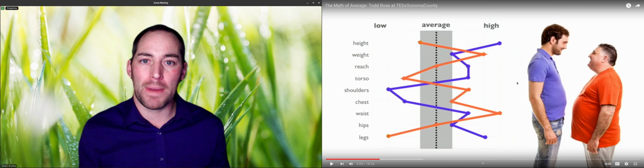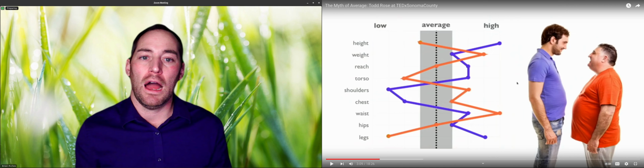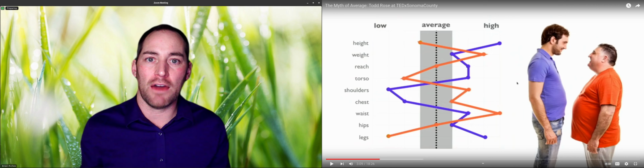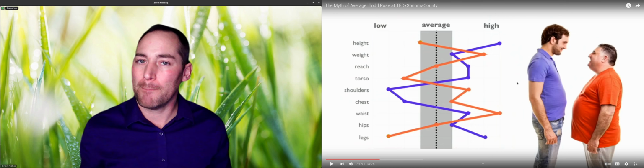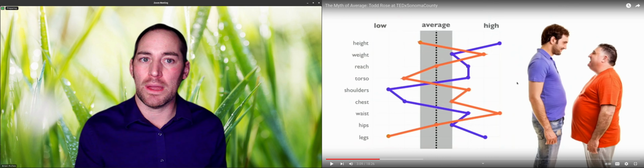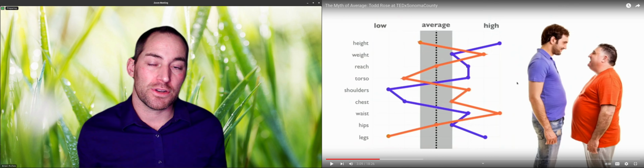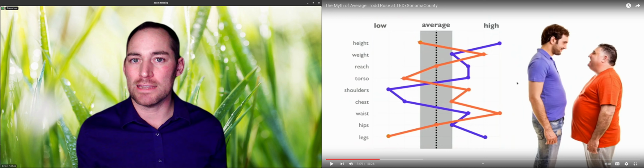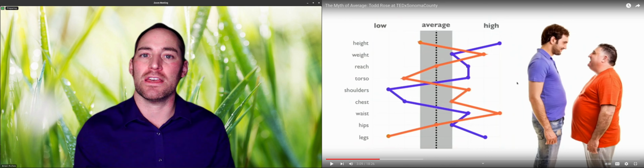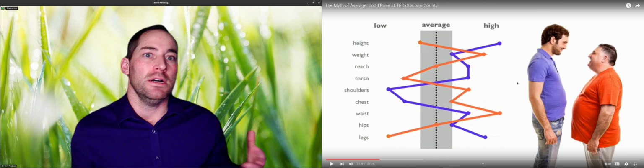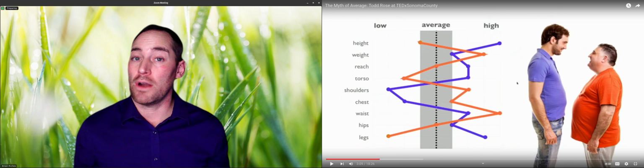You can make better predictions overall, but what this also shows us is just using the average on any 1 or 2 variables might not be the best way to go. It might lead to us designing something for the average person when the average person doesn't actually exist. Right? So being able to have a better sense of all the different variables will help us make a better prediction, make a better actuarial prediction.